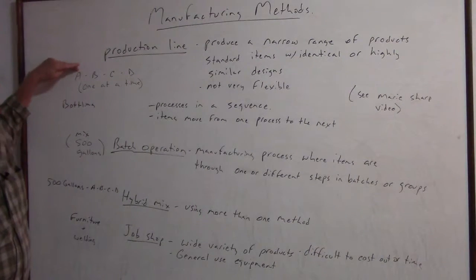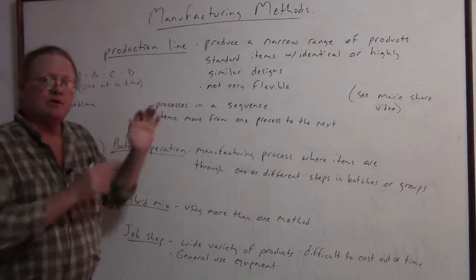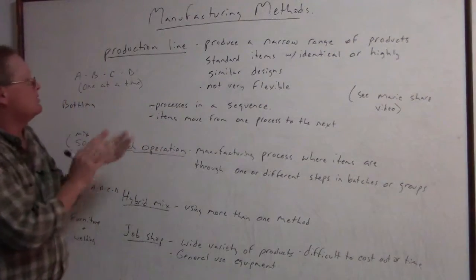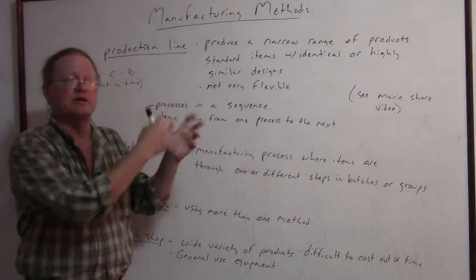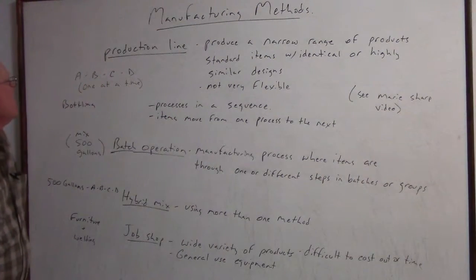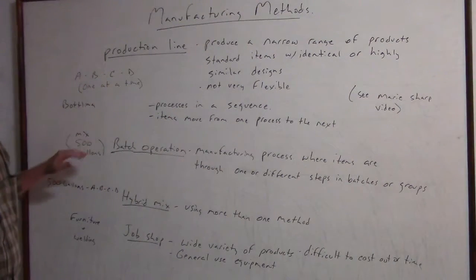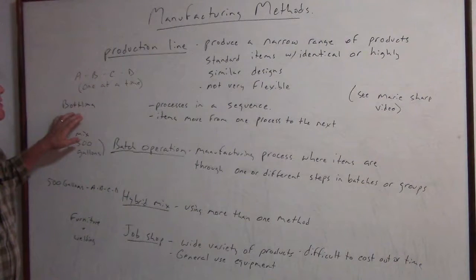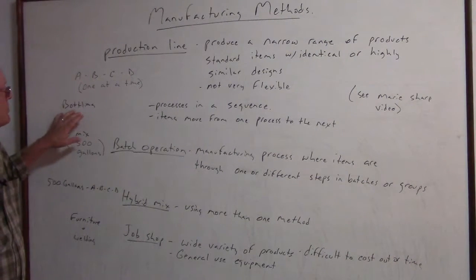I have process A, and then it runs down the conveyor belt, and maybe it gets a label, and then it gets an expiration date, and then it gets boxed, that kind of thing. So, perfect example for a bottling or canning process.